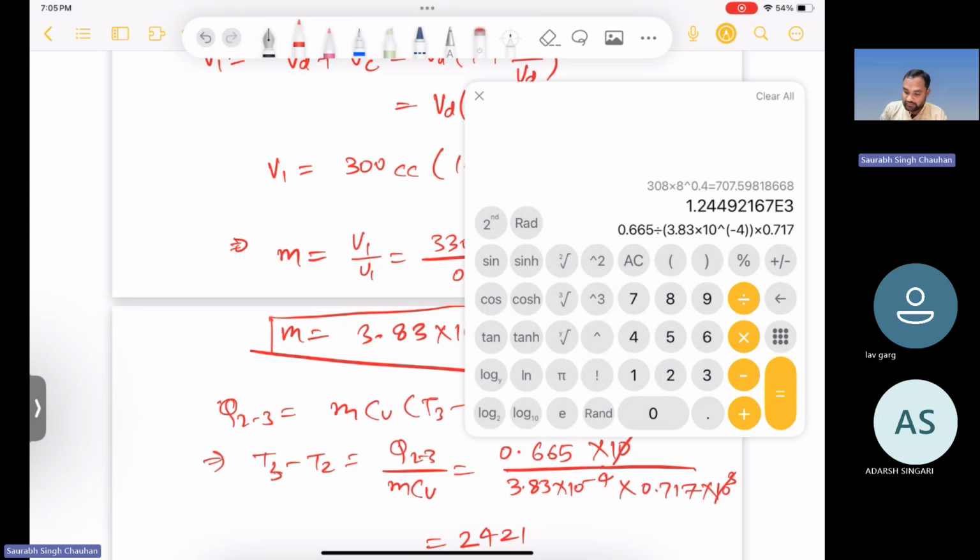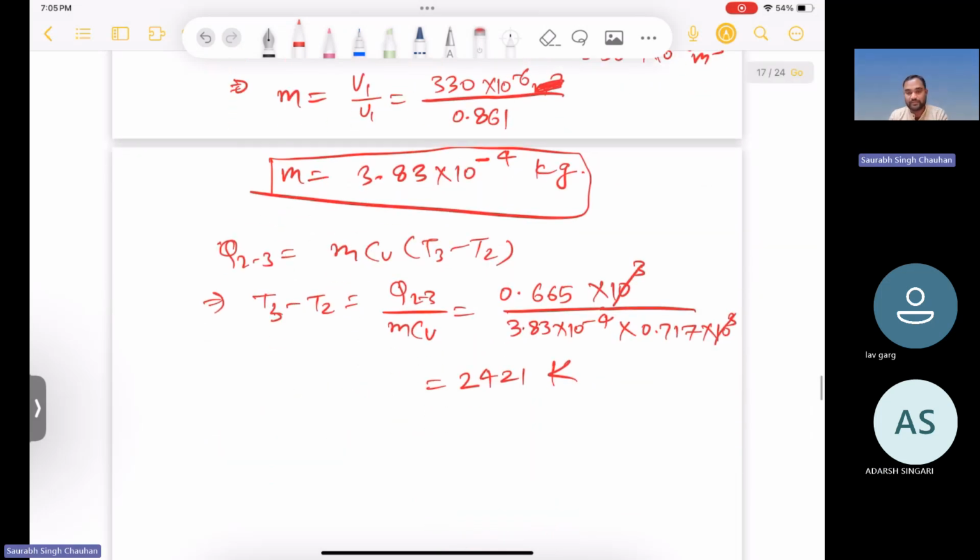The factors cancel out. So yes, 2421 Kelvin; just up to one decimal place is fine.